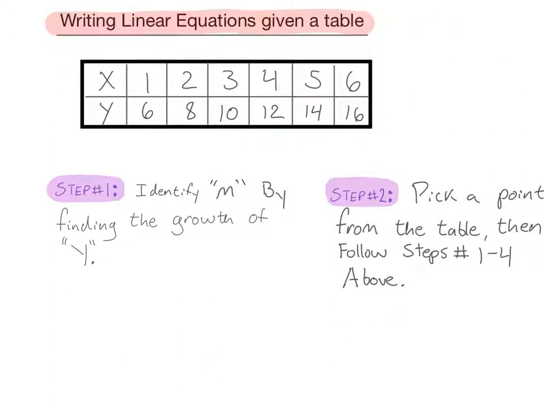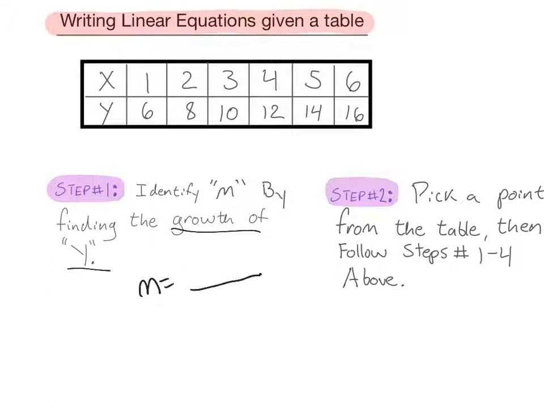So again, please follow all steps that are given to you, step 1 and step 2. So step 1 says, identify M by finding the growth of y. Notice that last time the problem gave us M, but this time we need to find it. So M is equal to the growth of y, kind of like a sequence.